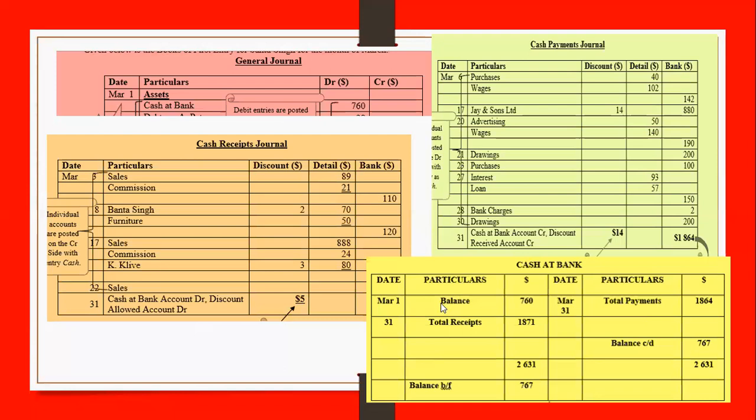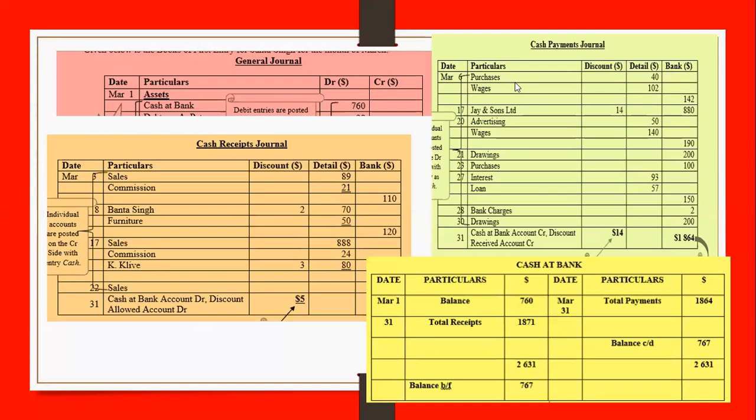Why? Because this cash at bank is one of the opening balances in my general journal. So I'm using balance because it is an opening balance from my general journal. Is it clear?